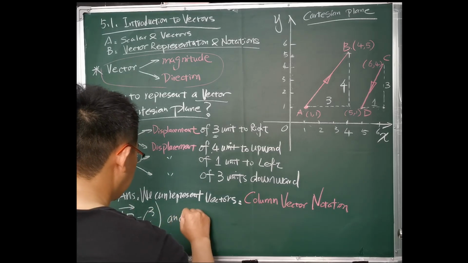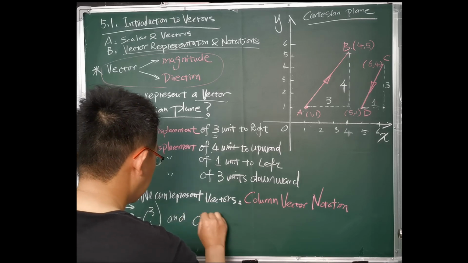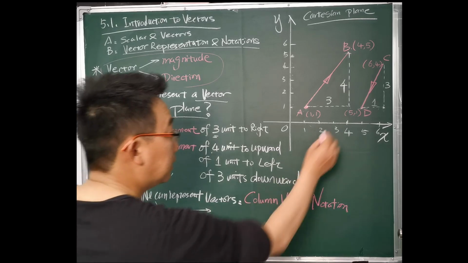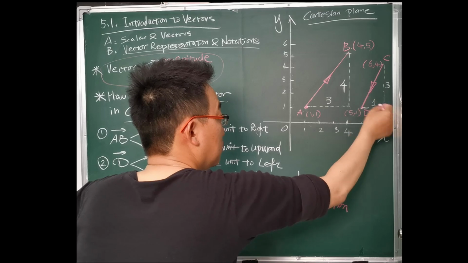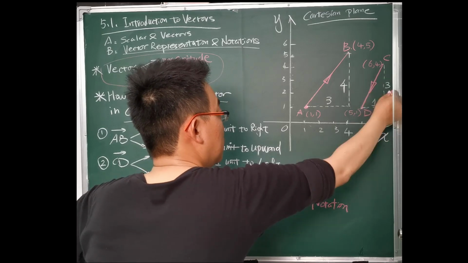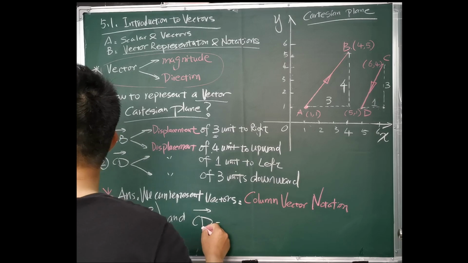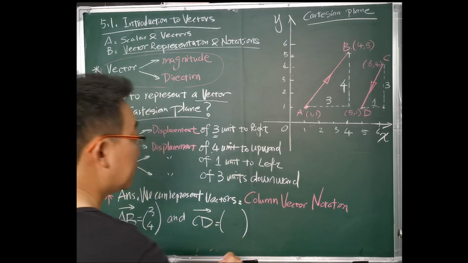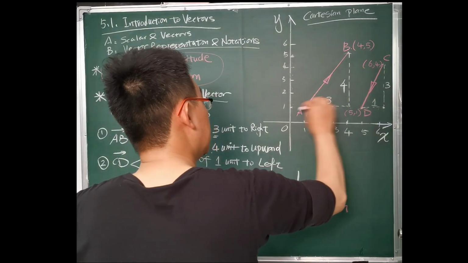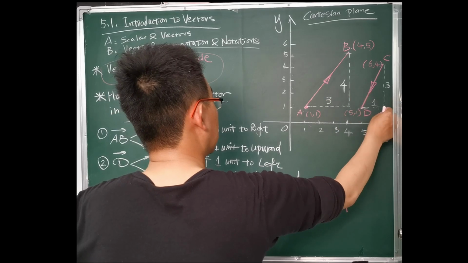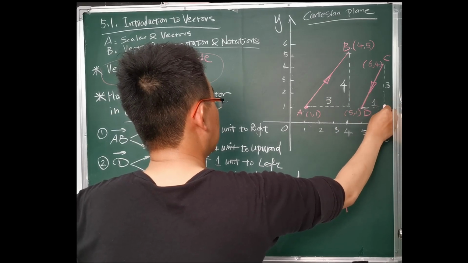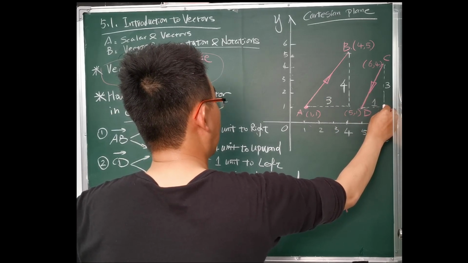And say it's going down, right? So 1 displacement and 3 displacement. So we write in this way. Just take note, because this is going in this direction, assume this is the origin.